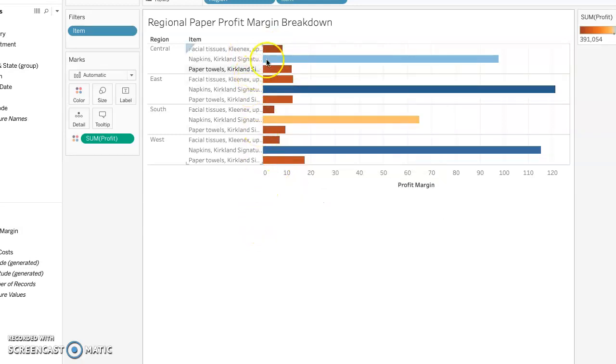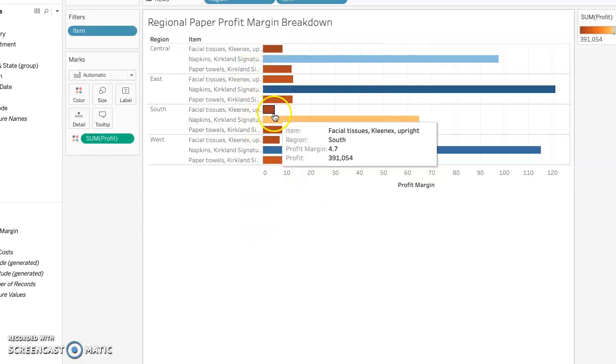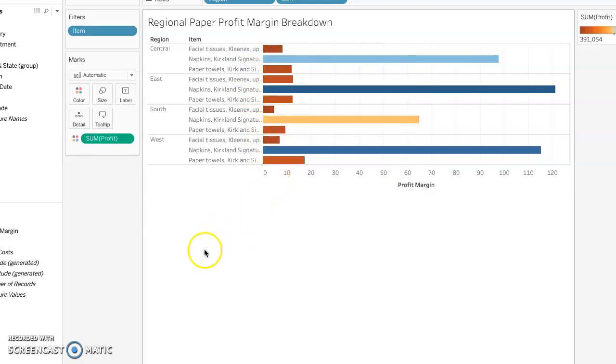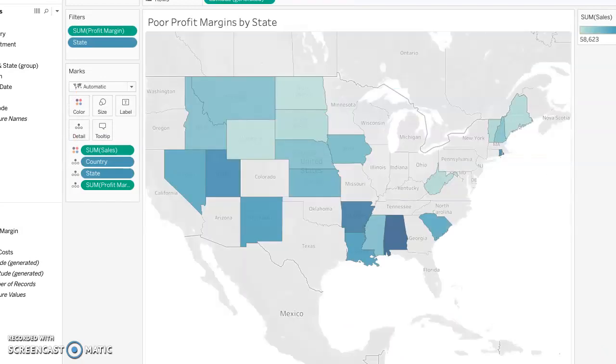And again, it wasn't by region because they're performing poorly in every region. But yeah, paper on average was not doing quite as well, aside from these Kleenexes here, as the previous two departments. So I decided to go from there and then break it down by profit margins per state.